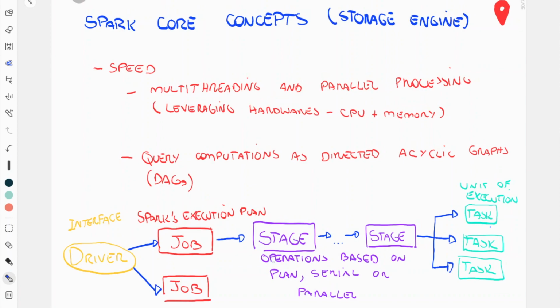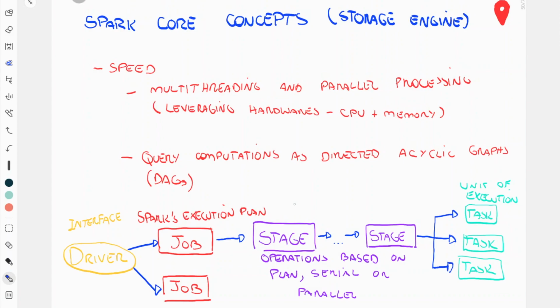So the stages are operations based on a plan, serial or parallel. So you may have a stage that comes before another stage, but when it's parallel, you have the tasks. That is the unit of execution. Actually, you can have stages in parallel too.